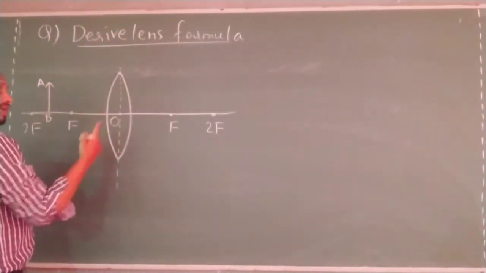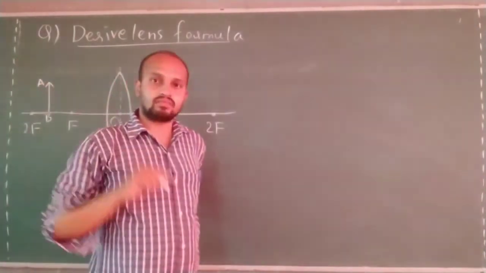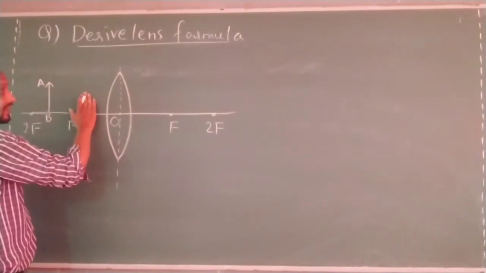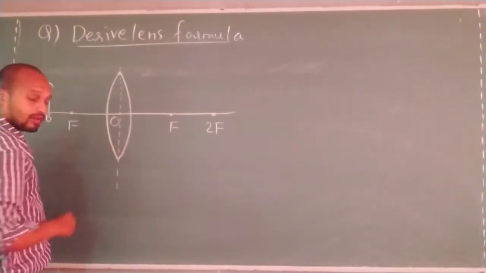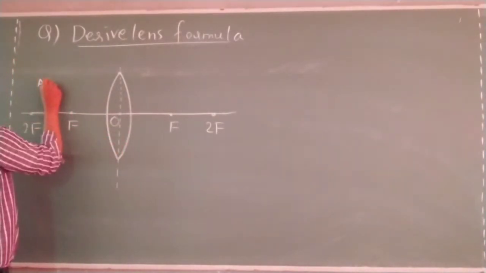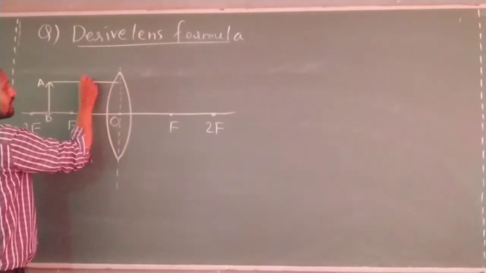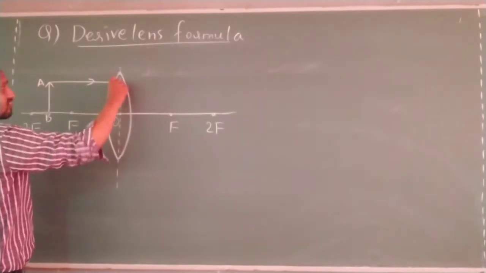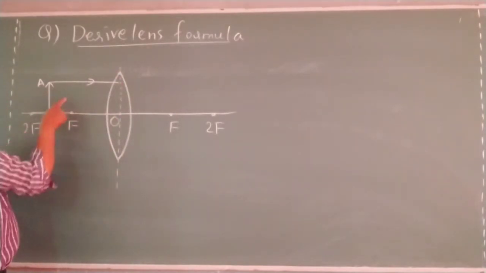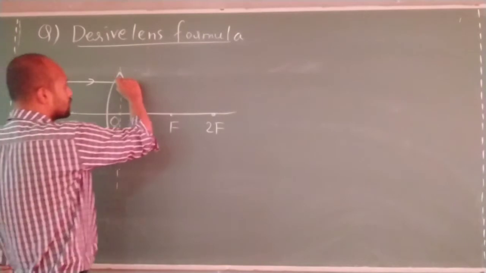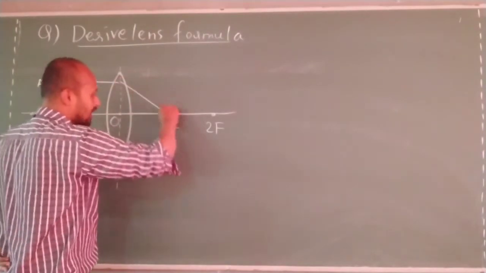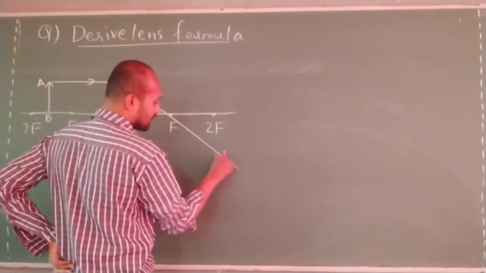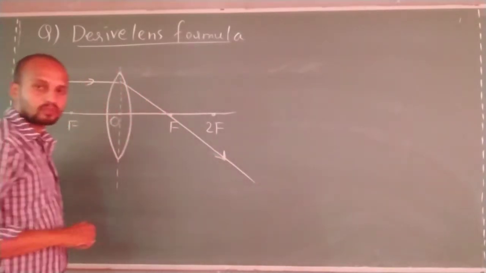Now, how is the image formed from this object? Image is formed from this object when the light rays pass through the convex lens. From the rules of ray diagrams, if I take from point A, one ray passes through the convex lens. Since this line is parallel to the principal axis, this line has to pass through the focus point.